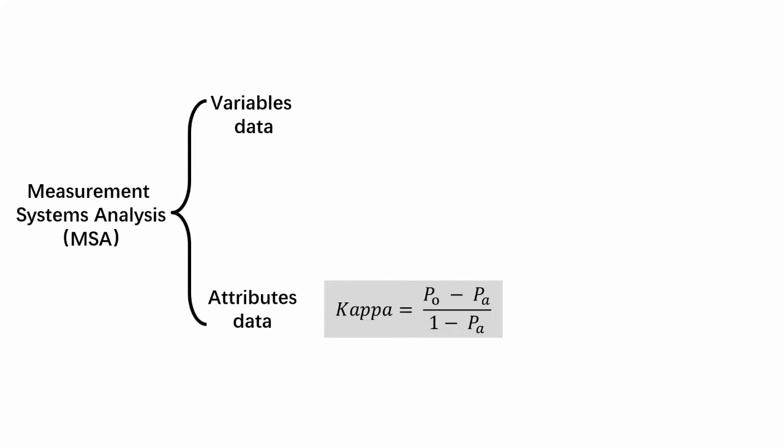In that, PO means the probability of the observed value, and PA means the probability of the accidental value. In Minitab, we can use the attribute agreement analysis tool to calculate the kappa value, and then we can judge whether the gauge is acceptable or not, or whether an appraiser needs additional training.